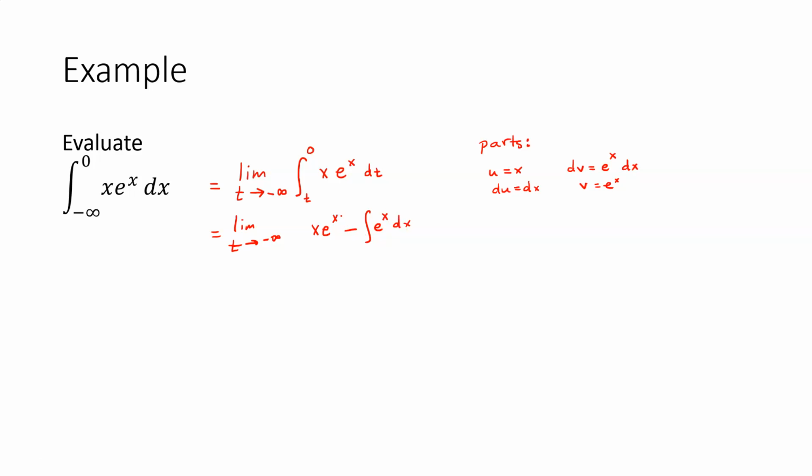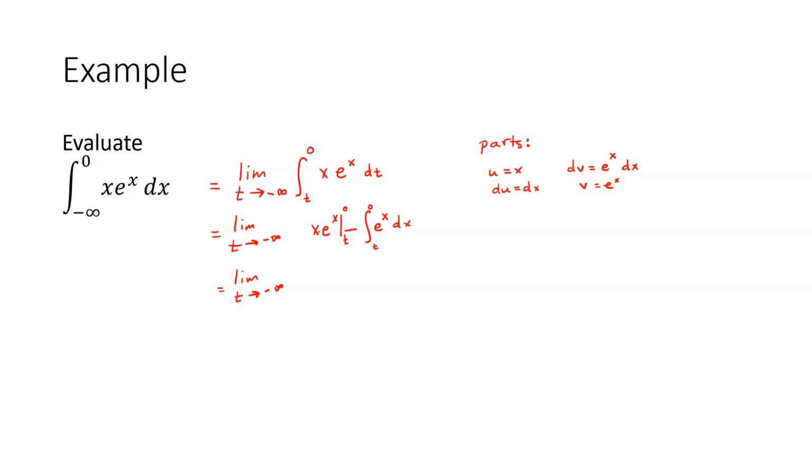Notice that here we're evaluating each of these from t to 0. So that'll be the next step, to evaluate.